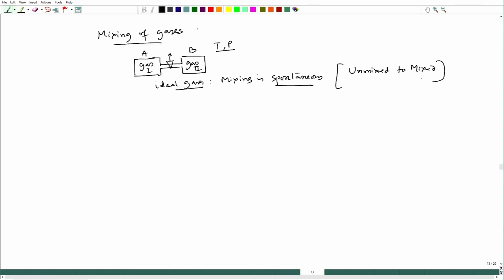That is the state change. Temperature and pressure are both the same, whether you consider state 1 or state 2. But in state 1 both gases are unmixed, and in state 2 both gases are mixed. Here I am considering ideal gas. If it is real gas, there could be a different situation, we will come to that later. But as of now, ideal gases will mix together and everywhere the composition would be the same.